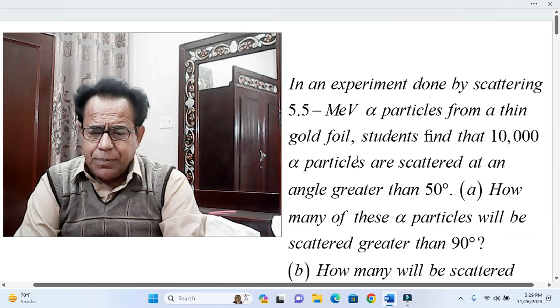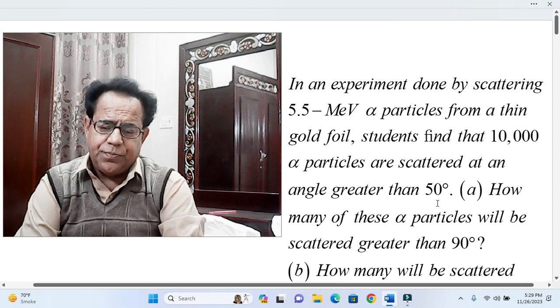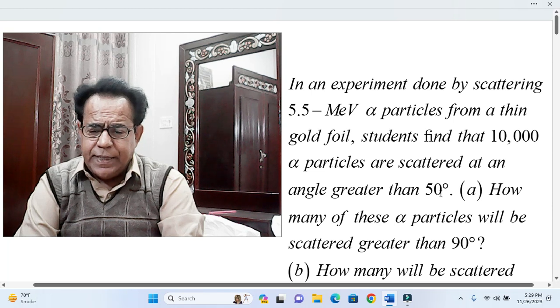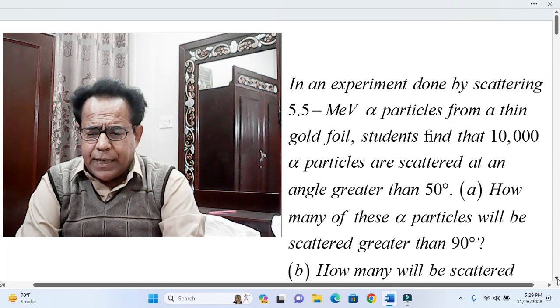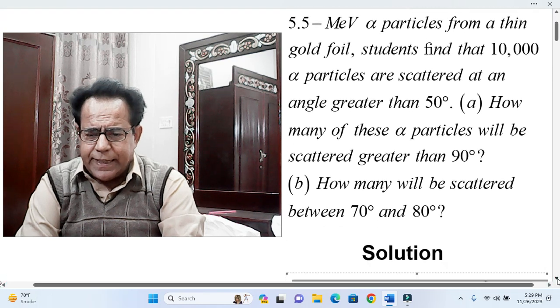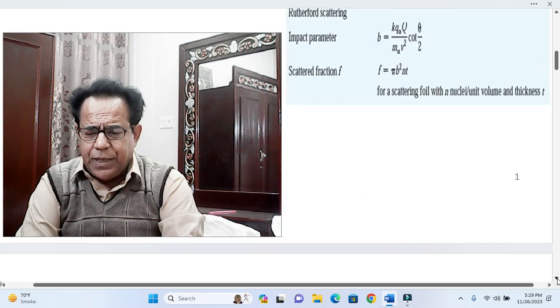Alpha particles from a thin gold foil, students find that 10,000 alpha particles scattered at an angle greater than 50 degree. Dear students, it means this 50 degree is common along with the remaining values, that is 90, 80, 70. 90, 80, 70 on one side and 50 on the other side. 50 will always be used.